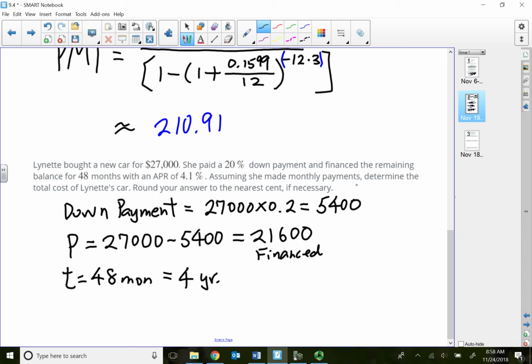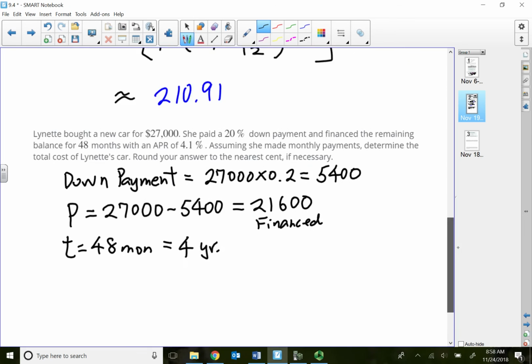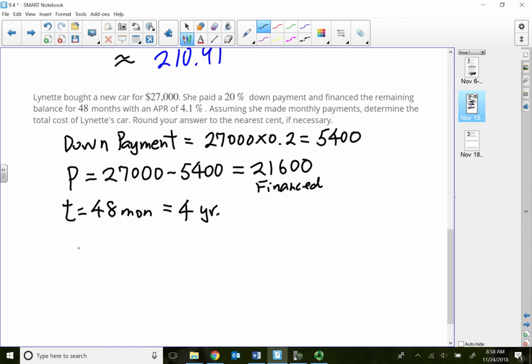Now, assume she makes monthly payments. Determine the total cost of Lynette's car. So basically, in order to find her total cost, when she pays off the car, that means whatever her monthly payment is times the 48 months.